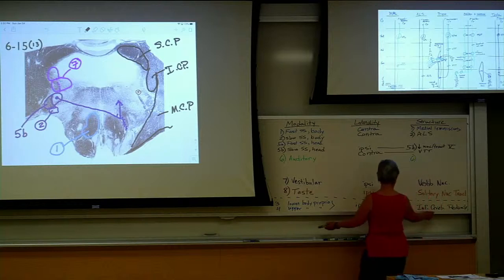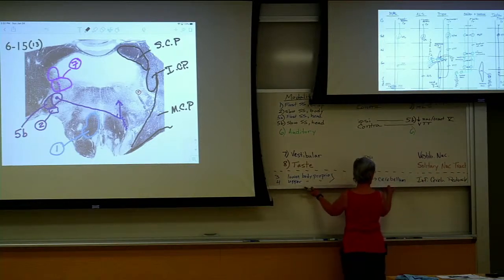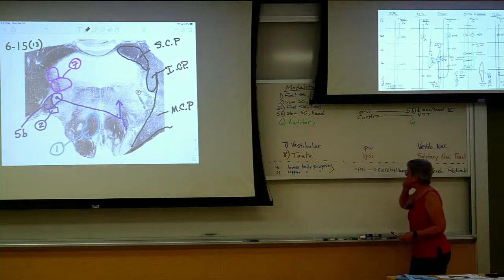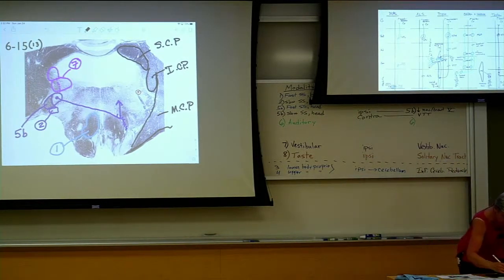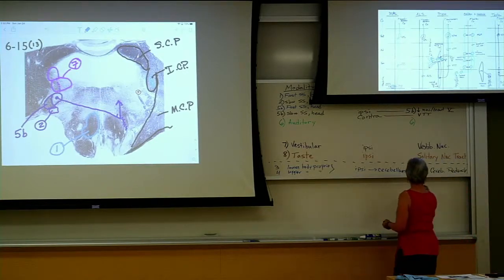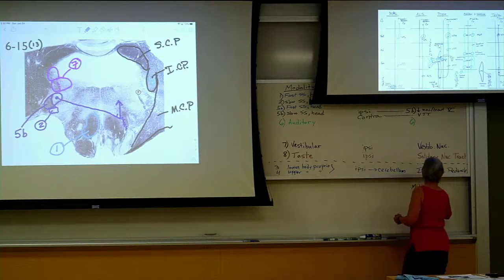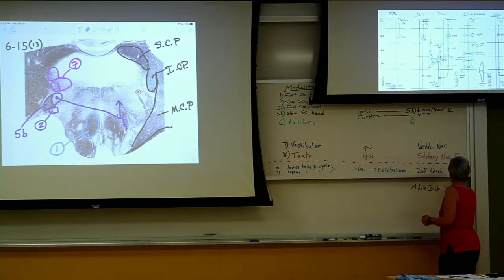So the inferior one is still shown up here on our board, and that's still bringing that proprioceptive information from the upper and the lower body and taking it to the cerebellum. Okay, but now you can also see the middle cerebellar peduncle as well as the superior cerebellar peduncle.